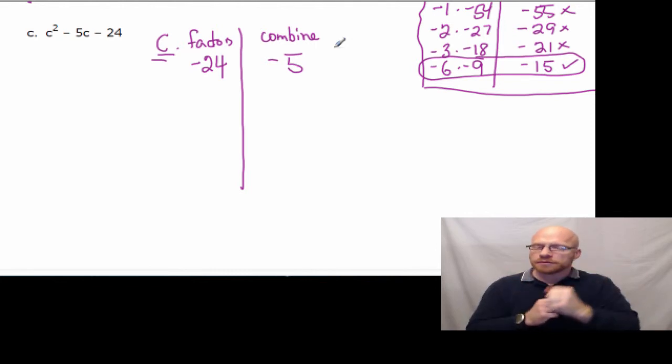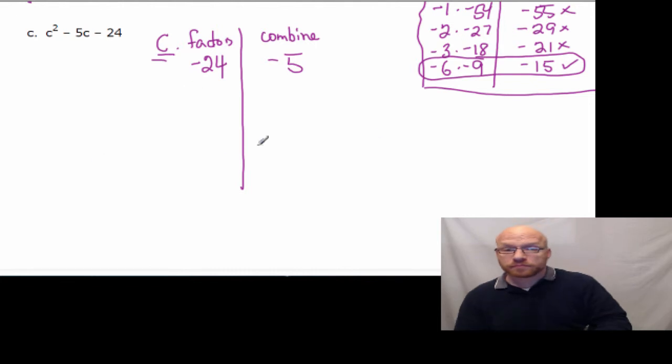So for a negative multiplication answer, we need a positive and a negative factor.